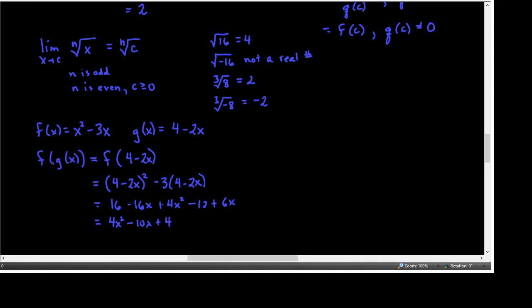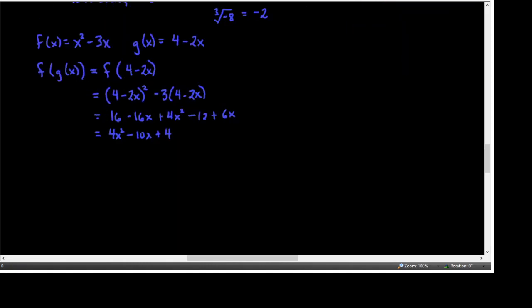That's a composition. So if we have a composition like that and we're trying to find a limit as x approaches c of that composition, I just talked about this the other day in calculus 2, so this is something that's very important.